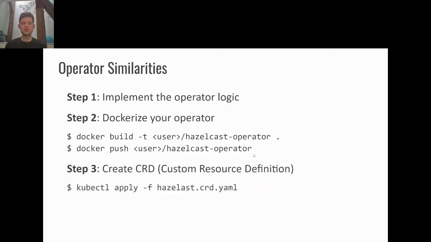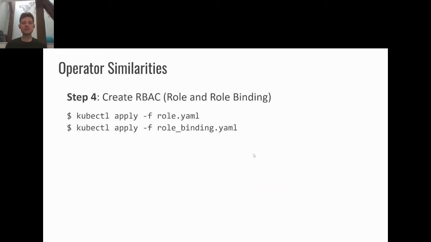Next, you create a custom resource definition with the definition of how your custom resource should look. Then you will always need to apply some role bindings, because your operator needs some permissions to access the Kubernetes cluster.